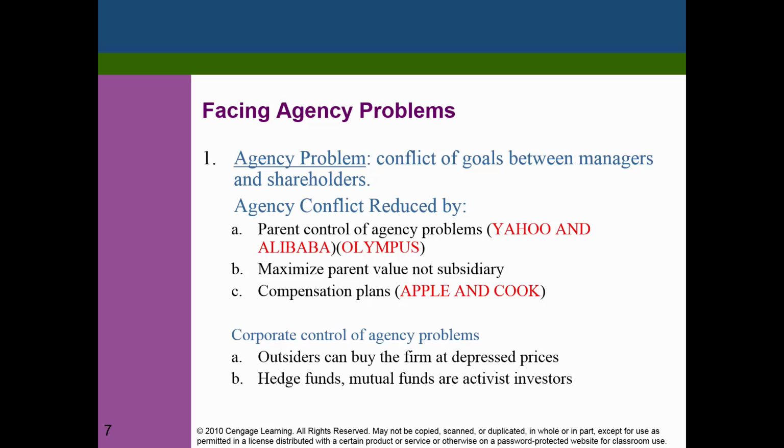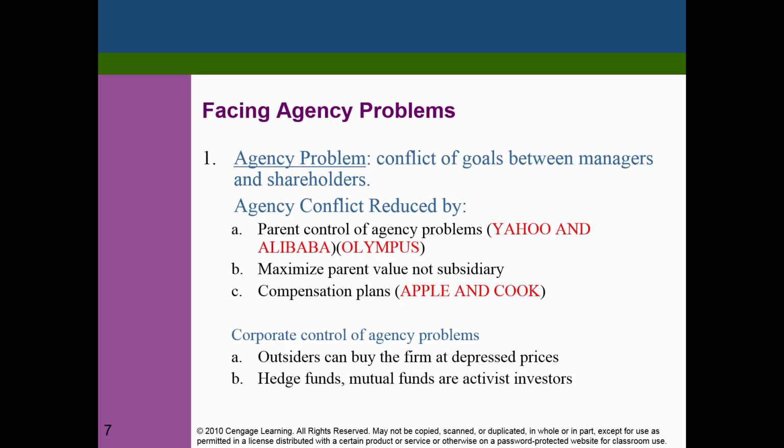Okay. Now, the third way you can try to bring down the agency conflict is through compensation plans. Now, what does it mean? Basically, if you look at a company like Apple, when CEO Cook came into place, he was given $400 million worth of stock and stock options.